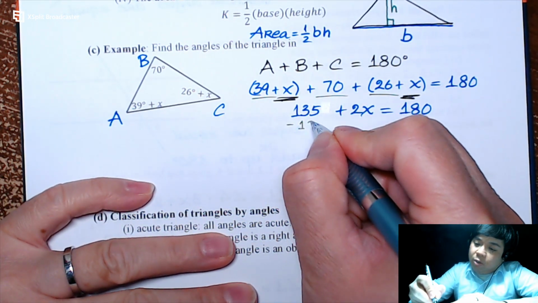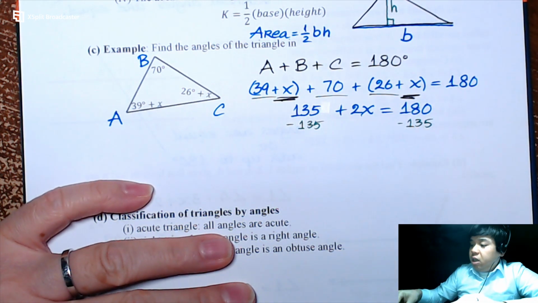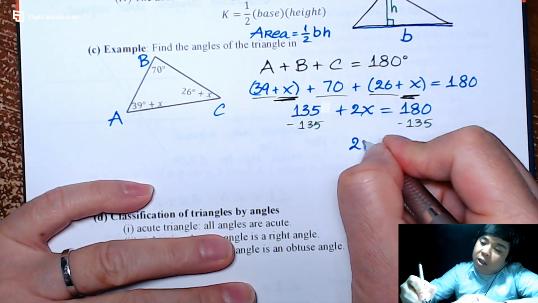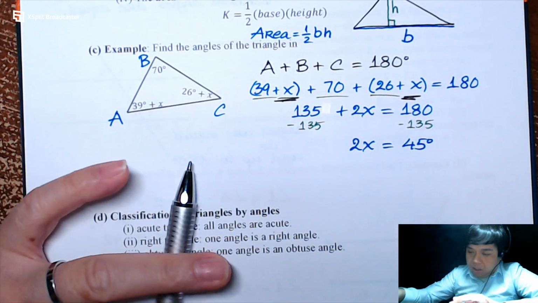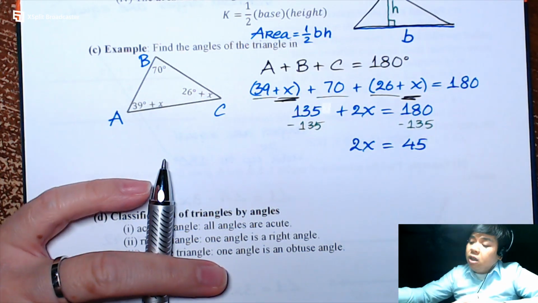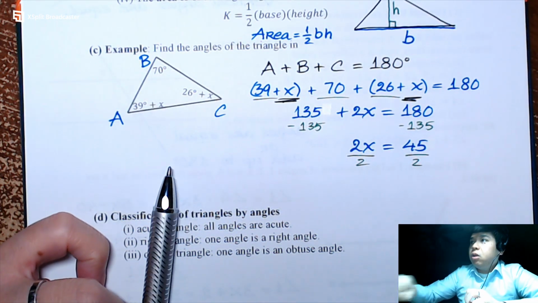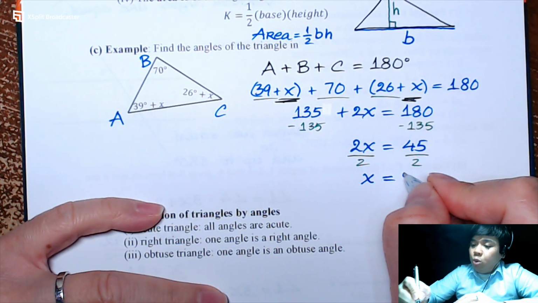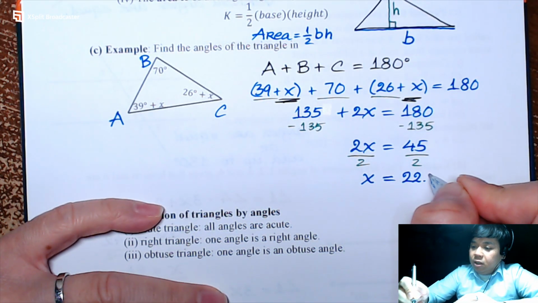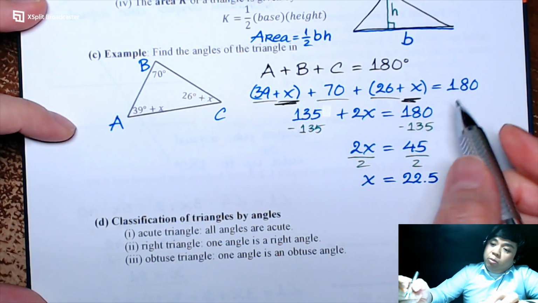Minus 135 on both sides. And that gives us 2x equal to 45 degrees. Again, I should just drop the degrees. And then divide by 2 on both sides. We have x equal to 22.5 degrees.